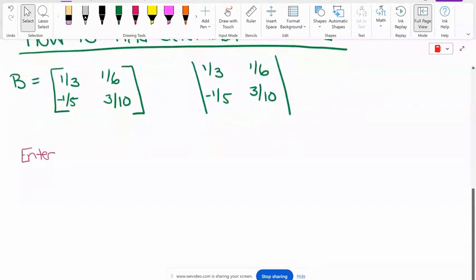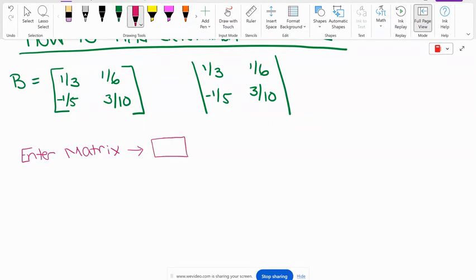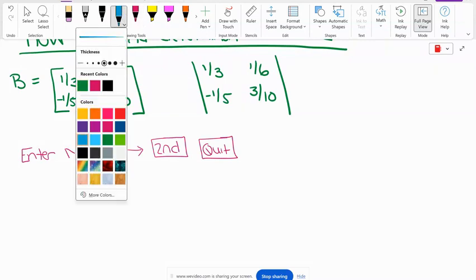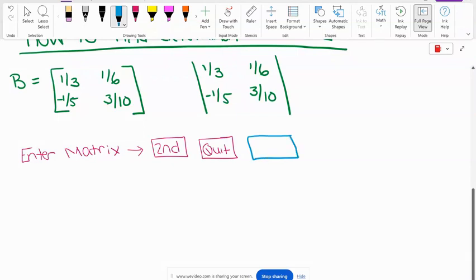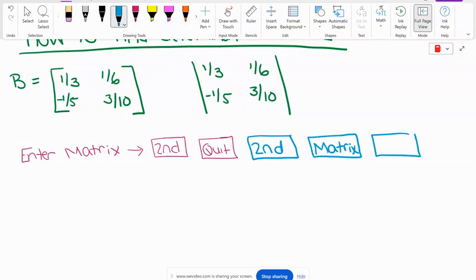So first thing we're going to do is enter matrix. Then you're always going to have to press second quit after you enter in a matrix. After that, after you press the second quit, you're now going to press second matrix again. Math.